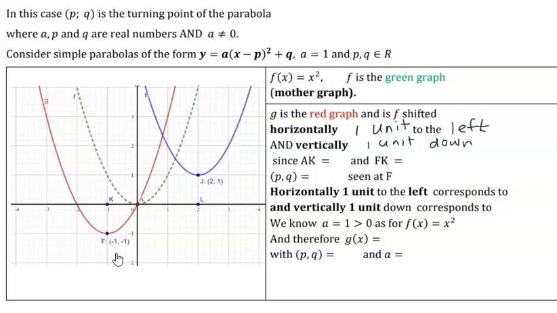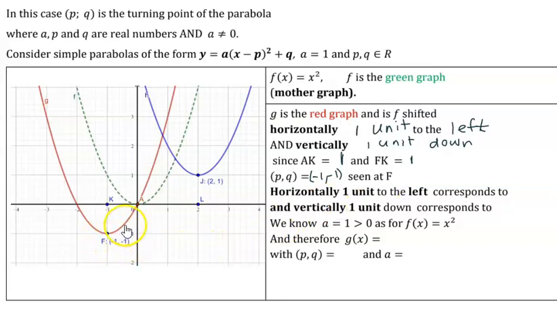Since AK is equal to 1 and FK is also equal to 1, the turning point (p, q) is given here at F, and that is (minus 1, minus 1). So that is our (p, q) value.